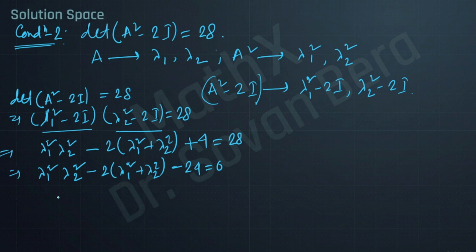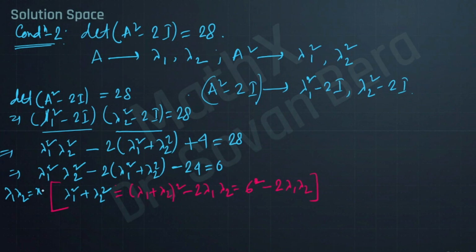Now we have to find the value of lambda 1 square plus lambda 2 square. That is lambda 1 plus lambda 2 whole square minus 2 lambda 1 lambda 2, which implies 6 square minus 2 lambda 1 lambda 2. Now we consider lambda 1 lambda 2 equals x.